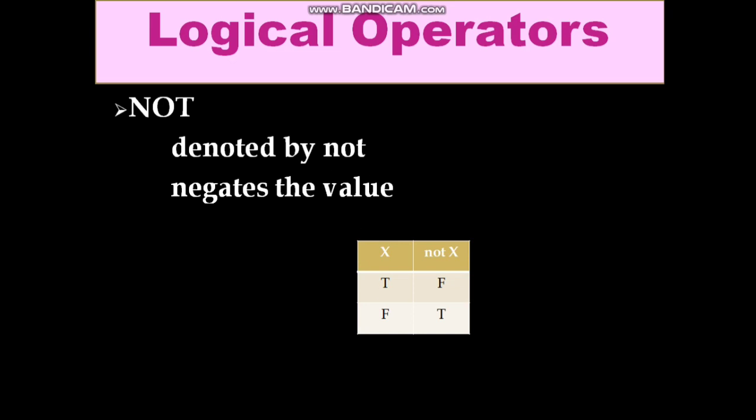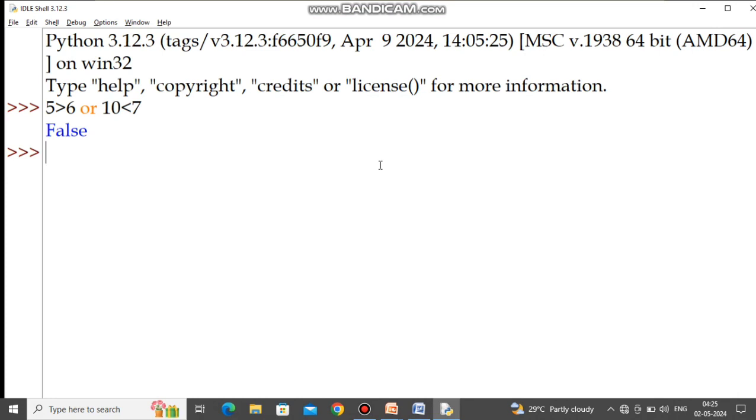Now let's check this with an example: not of 5 greater than 6. Clear? So what is the output of this relational expression? 5 greater than 6 is a wrong statement, so this would return false. But here we are negating this value using the NOT operator. So what would be the result? The result is true. Clear?